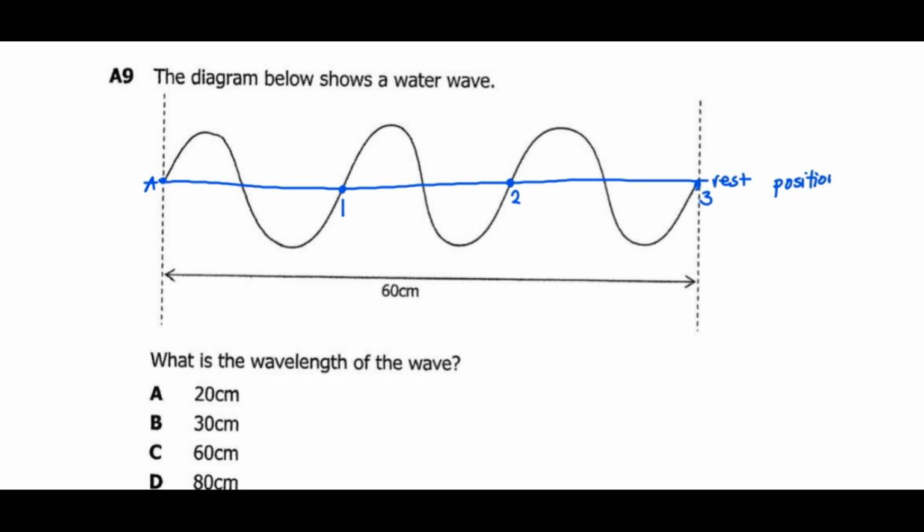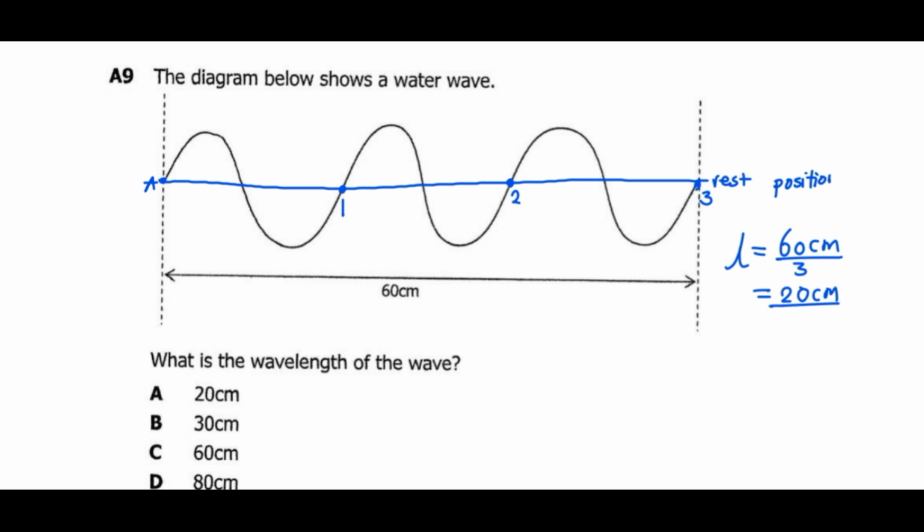The question is, if 60 centimeters is the total distance for 3 waves, how much of that is for 1 wave? To find the wavelength, we take the total distance, 60 centimeters, and divide by the total number of waves, which is 3. If you divide, you find the answer to be 20 centimeters.